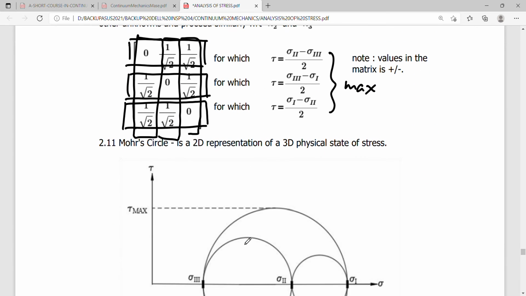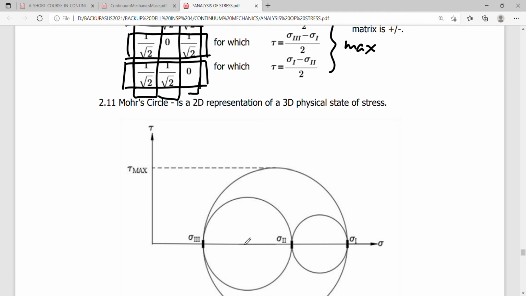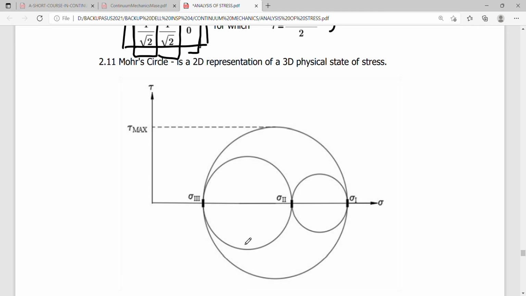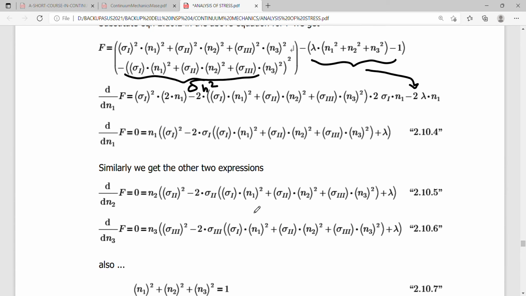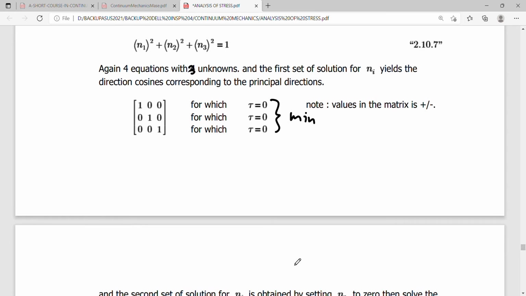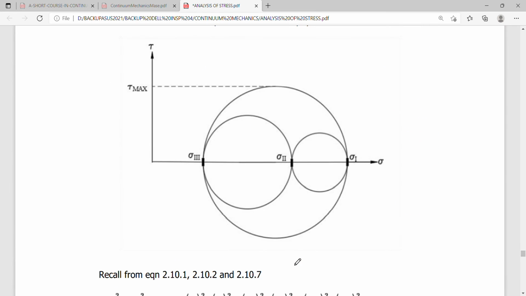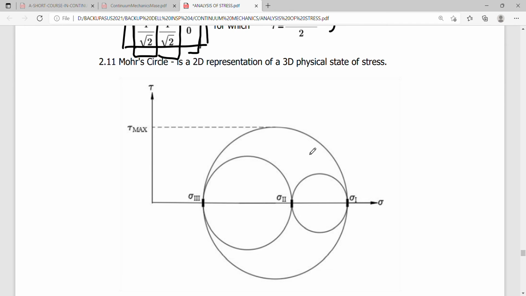So for the Mohr circle as defined here, which is a two-dimensional representation of a 3D physical state of stress, take note that what we have derived in this previous lecture serves as a justification or a reference for the Mohr circle as presented here, okay?